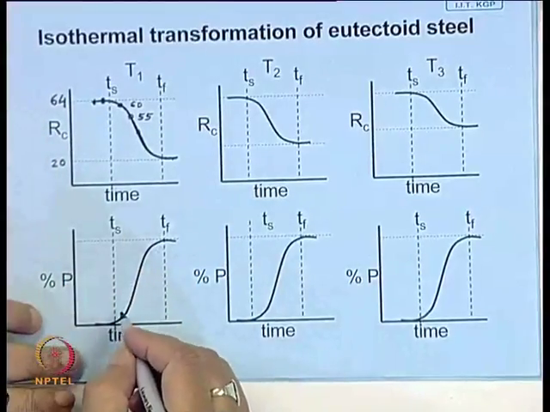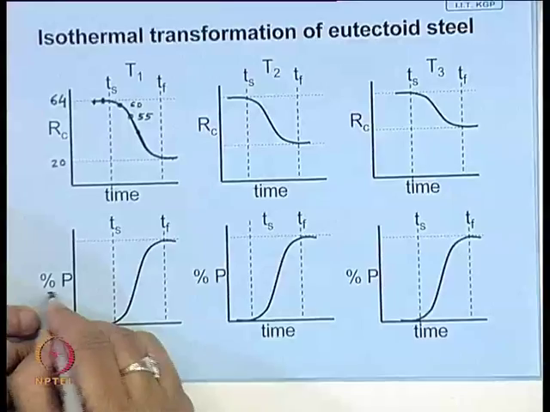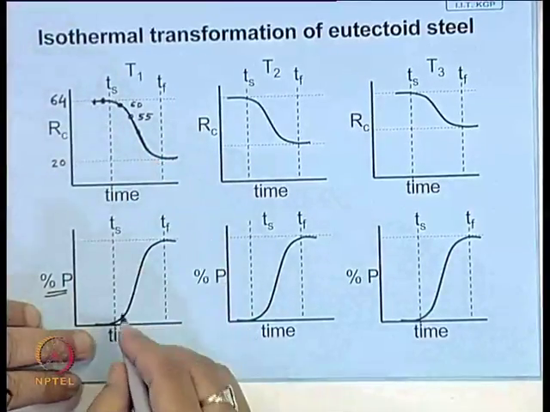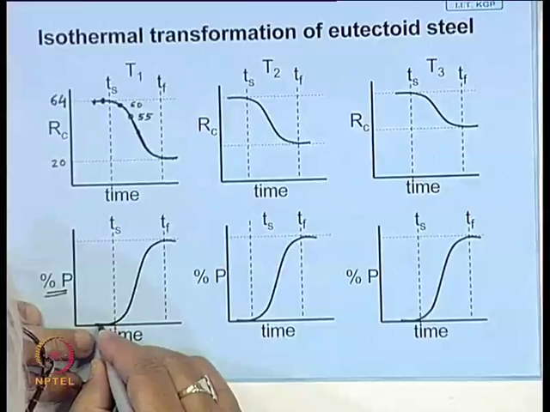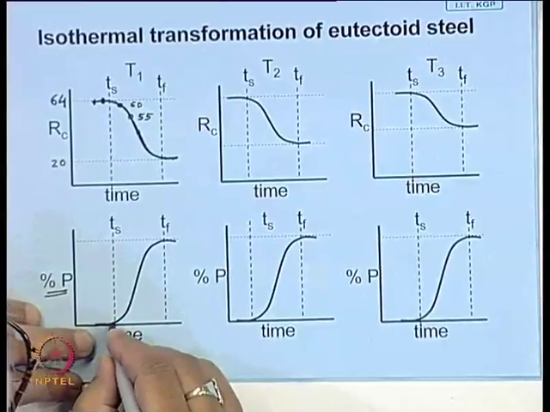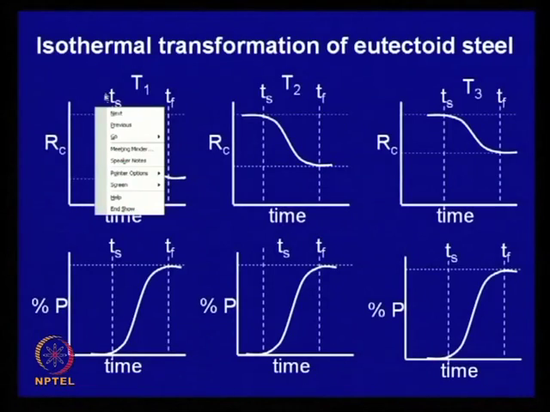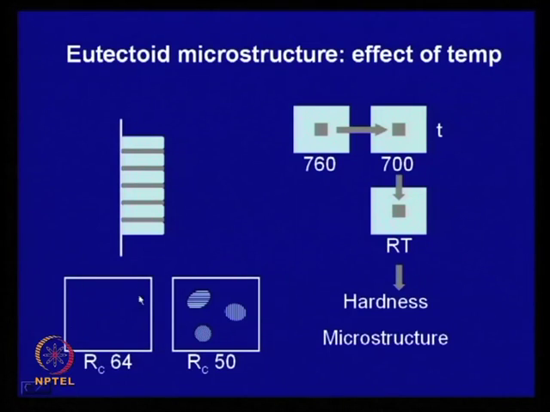Similarly, if you look at the microstructure and try to find out the percentage of pearlite nodules, you will find here also you will get a similar structure. Initially, if you remember the previous slide, there is no pearlite.